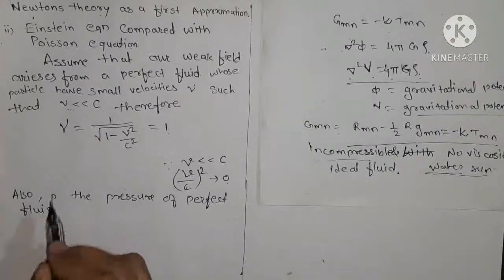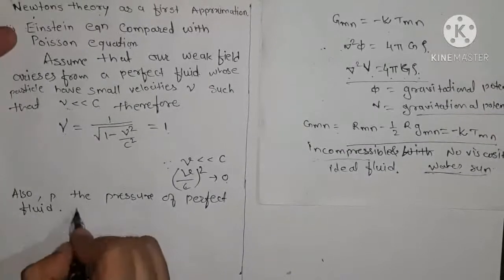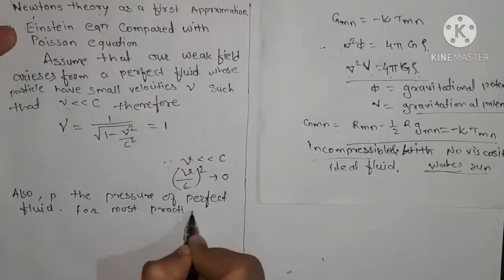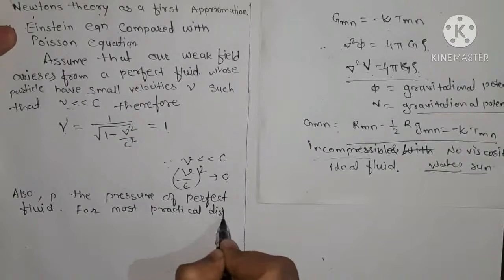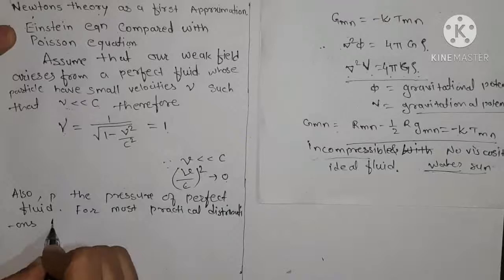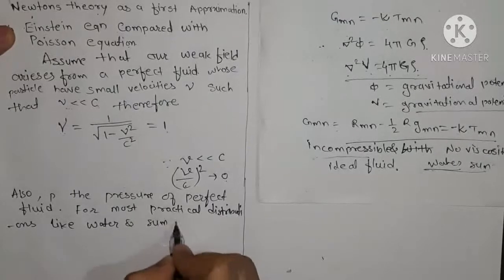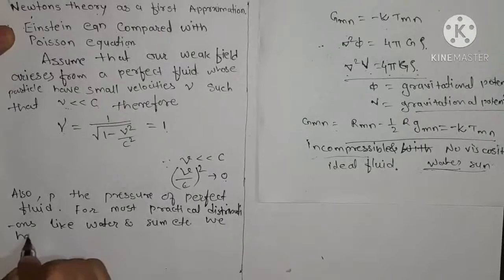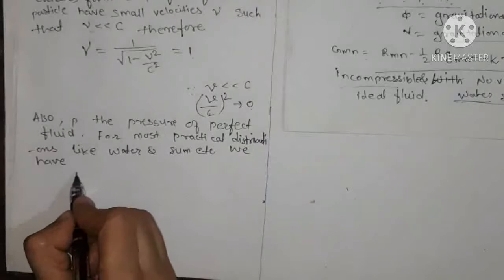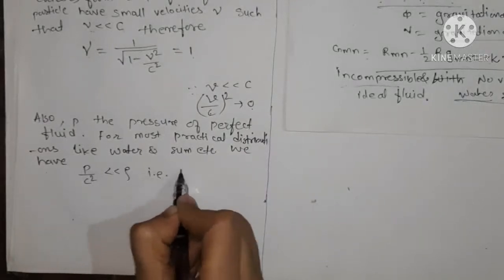For most practical distributions, like water and sun, we have P upon c square very much smaller than rho, that is, P tends to 0.